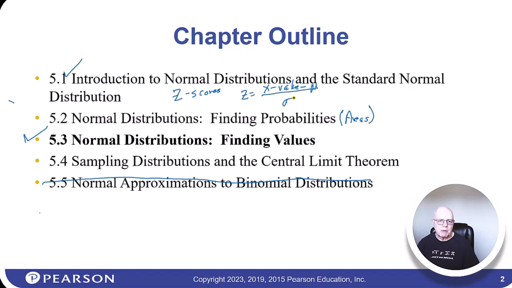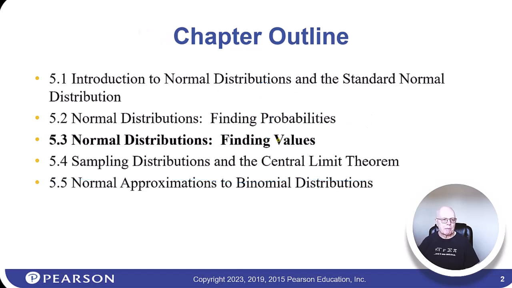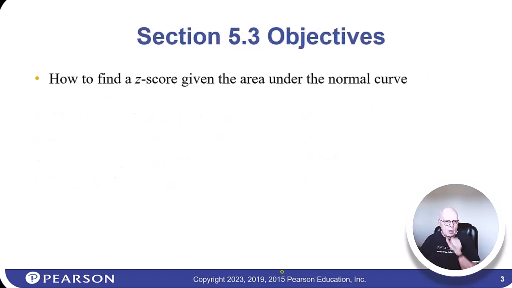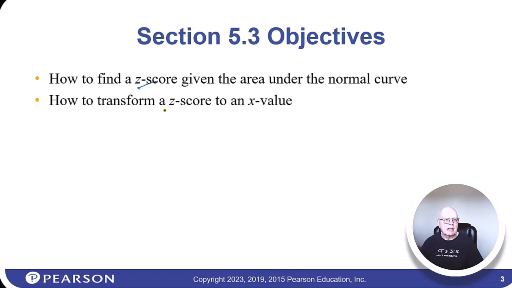Divide that by the standard deviation, and we've got our z-score. This is what we're talking about, finding the x's if we don't have them yet. So we'll find z-scores, and we'll transform the z-score to an x value.